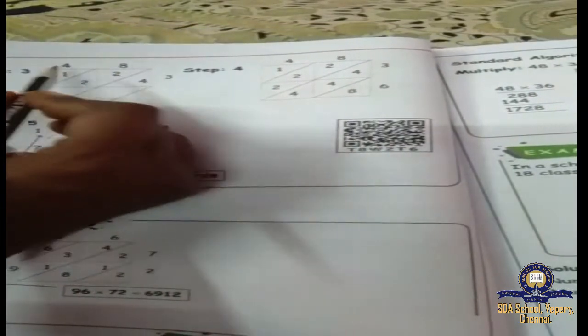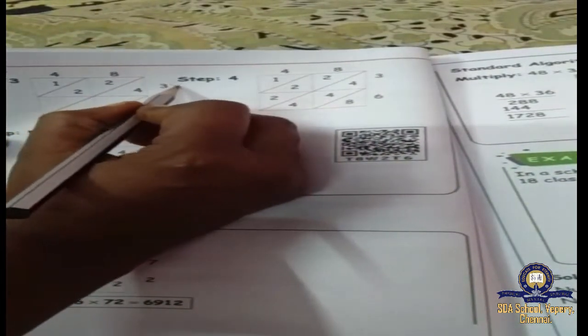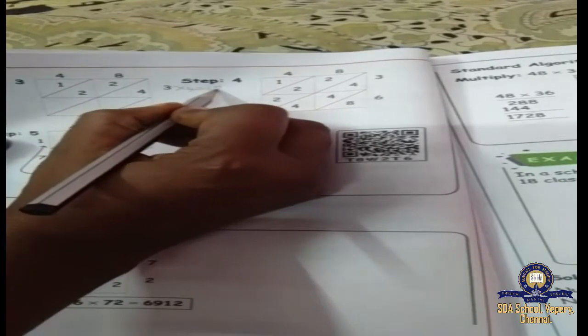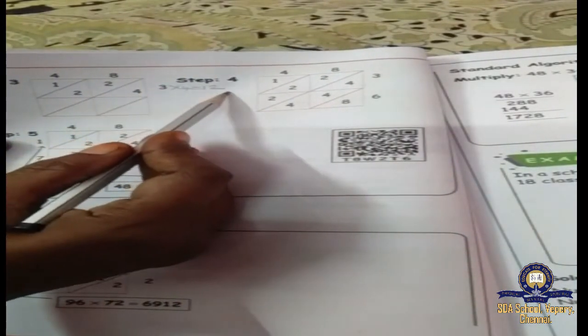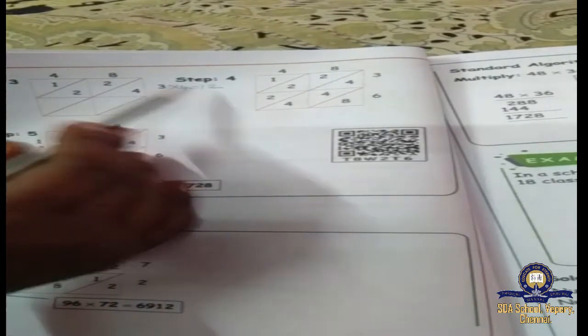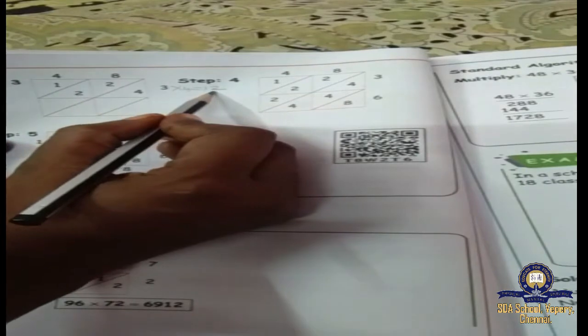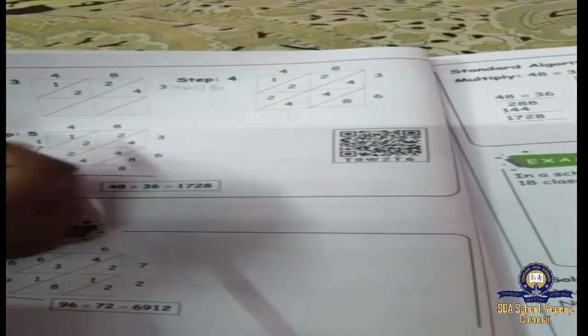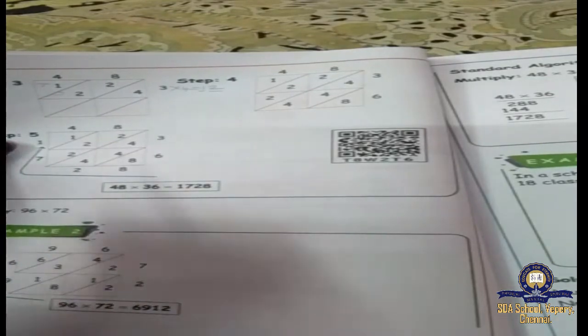First you are going to multiply 4 and 3. So what is 3 into 4? Which is equal to 12. So put the tens place here, ones place here.